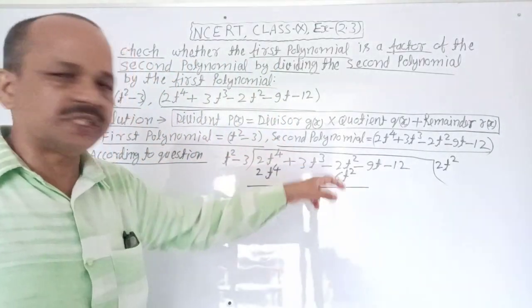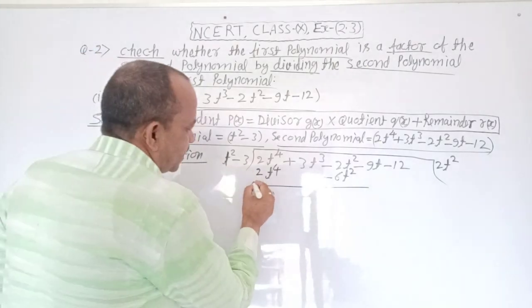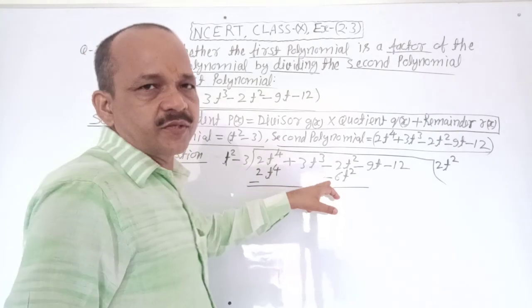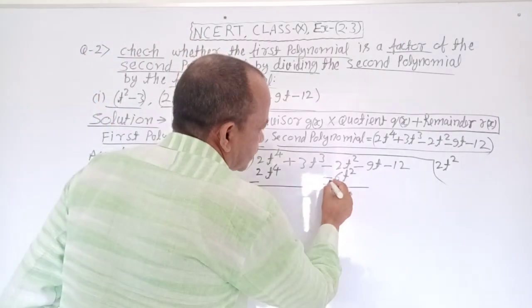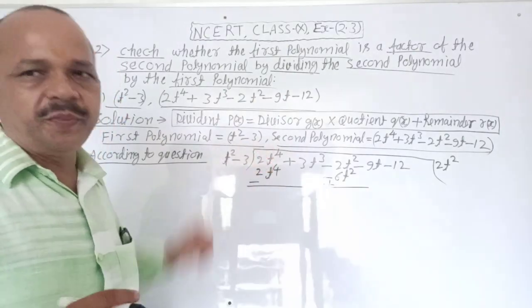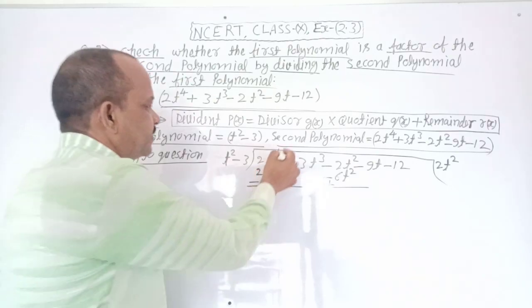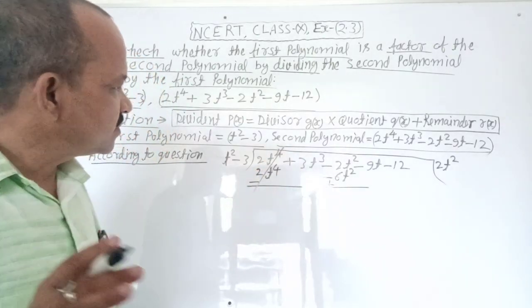Firstly you change its sign. Here plus, so you write here minus. Here minus, so you write here plus. Here plus 2t power 4 and here minus 2t power 4. You can cut it. Clear?